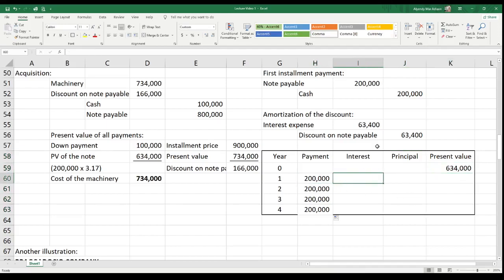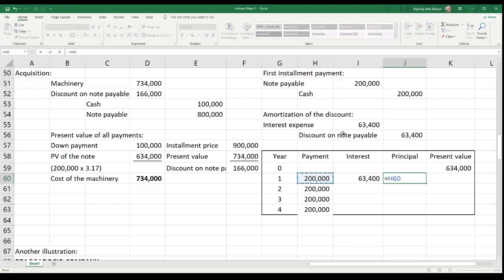Now, how much is our interest? Same as earlier, we have 634,000 times 10%, and that is 63,400. So, if of the 200,000, 63,400 applies to the interest, how much is the principal? The principal is 136,600.